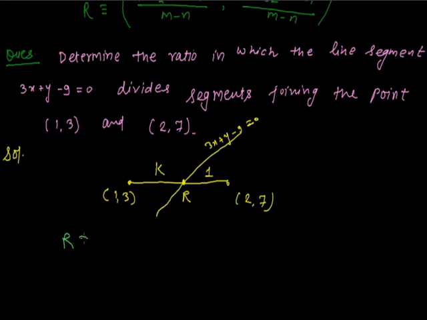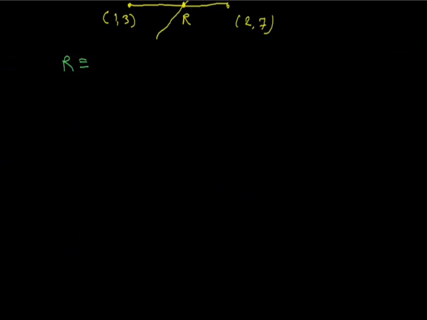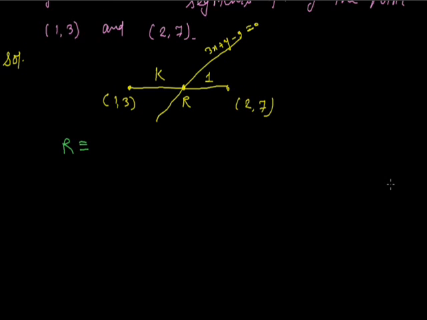We can find the coordinates of the point R by using the section formula, as we have already read. It will be obtained as (2k plus 1) divided by (k plus 1), and also (7k plus 3) divided by (k plus 1).